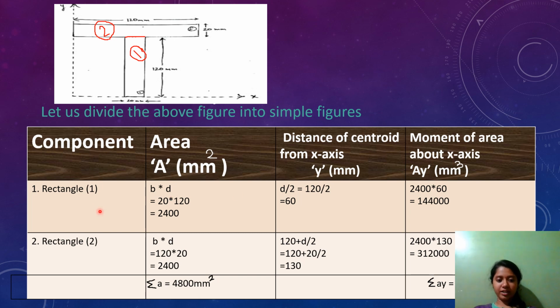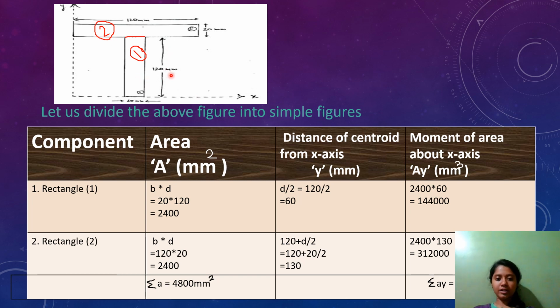First component, that is rectangle 1. Since I've considered this as first one, the area of this is b into d. Area of rectangle is b into d. Here b is 20 mm and d depth is 120. So it is 20 into 120, we get 2400. After that, distance of centroid from x-axis, by formula it is d by 2.